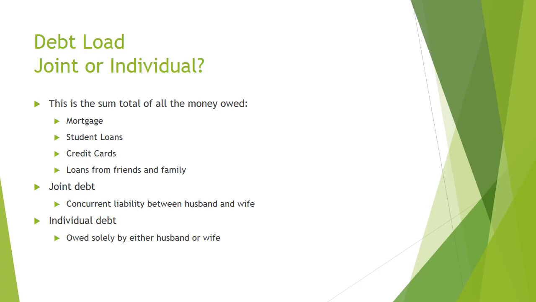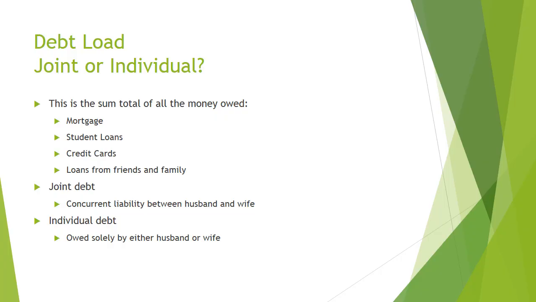Also, in looking into family law in terms of equitable distribution of the marital assets and liabilities, we have to understand debt load, and that there's joint debt and individual debt. Basically, the sum of all money owed by a couple or each of them individually is calculated using the principal amount due on the mortgage, the student loans, the credit cards; loans from family and friends are also included.